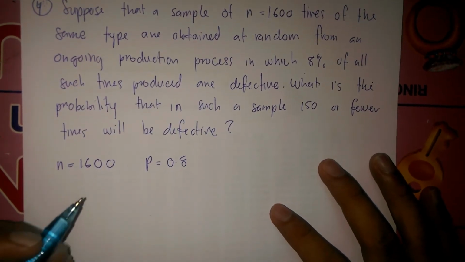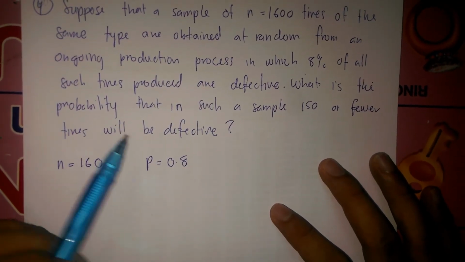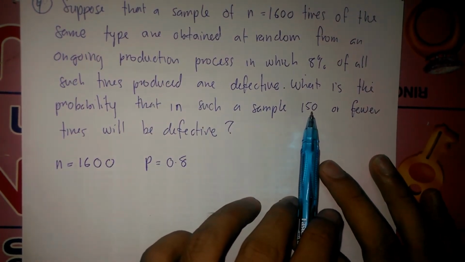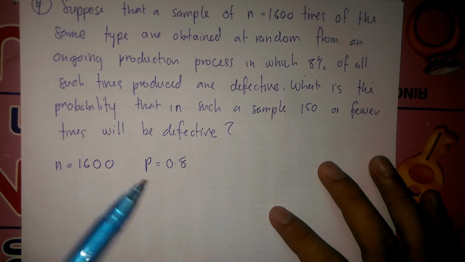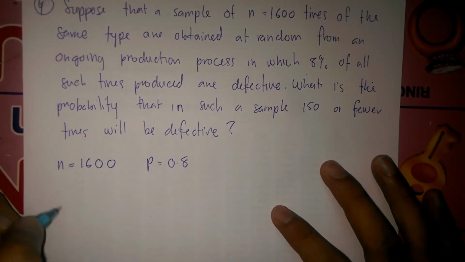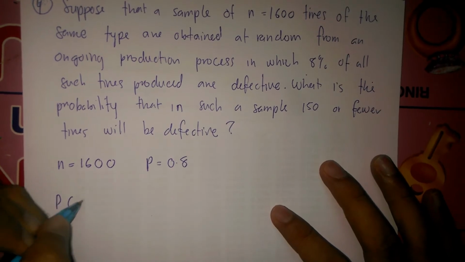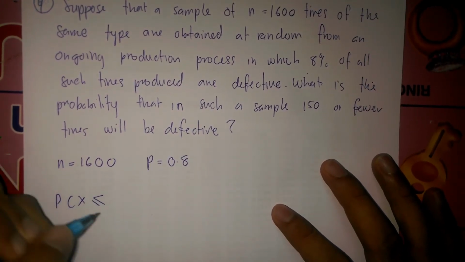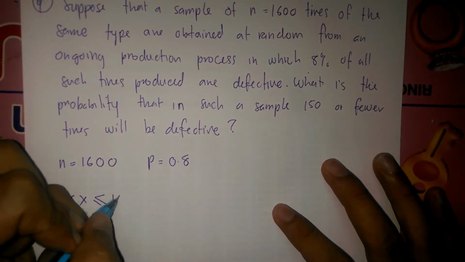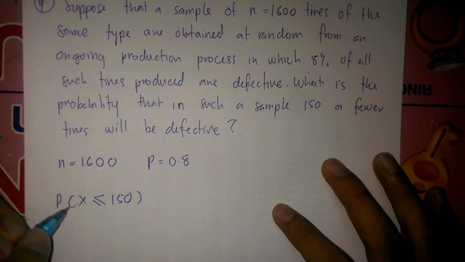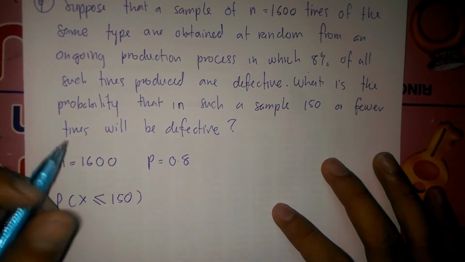For the question, the sample is 150 or fewer, so up to 150, so we conclude P of X less than or equal to 150.